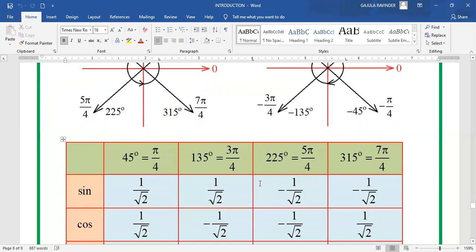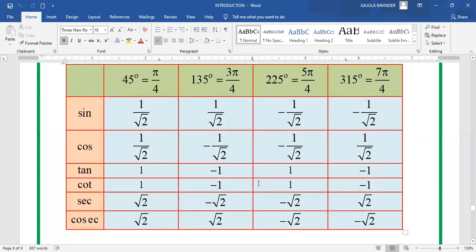Also these values have been furnished in this tabular form, dear friends. For 45 degrees, 135 degrees, 225 degrees, and 315 degrees, the sine, cos, tan, cot ratios have been furnished here, along with the sign.